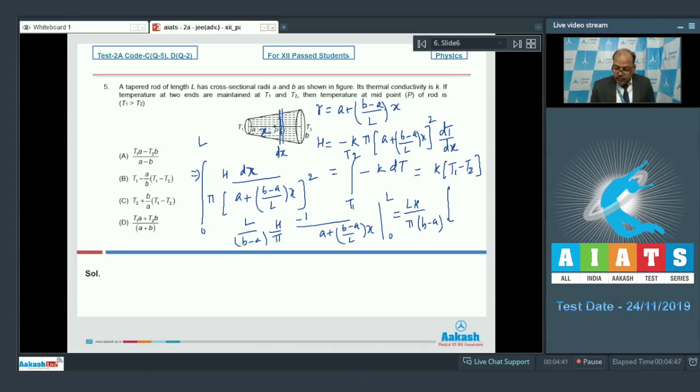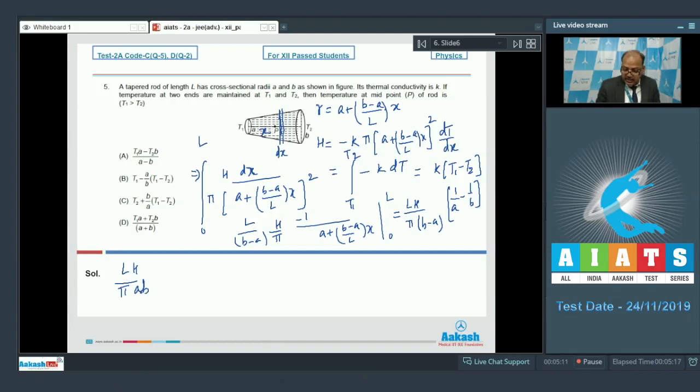If we put x equal to L, then a gets cancelled. So considering the minus sign here, we are going to get 1 by a minus 1 by b. Again, further simplifying the left hand side, we get LH by pi, and the b minus a will cancel.